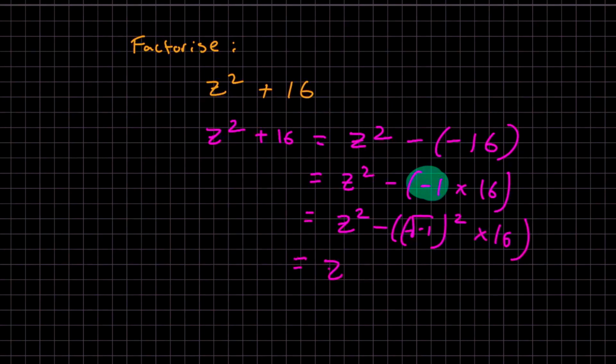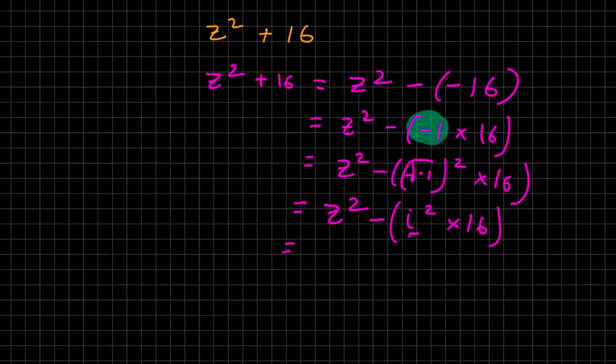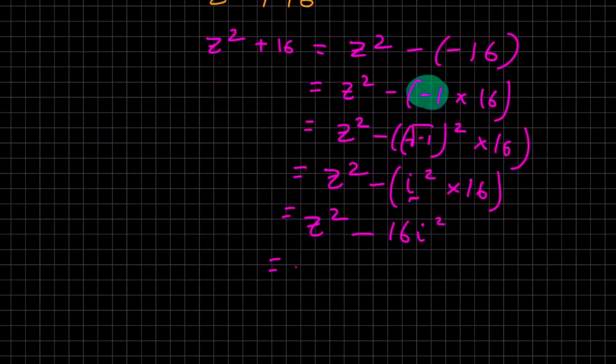We also know that the square root of negative 1 is essentially i, so we can write this as minus i squared times 16. So we're left with z squared minus 16i squared. Now we also know that the square root of 16 is 4.